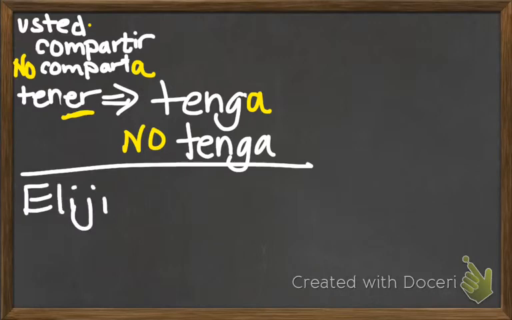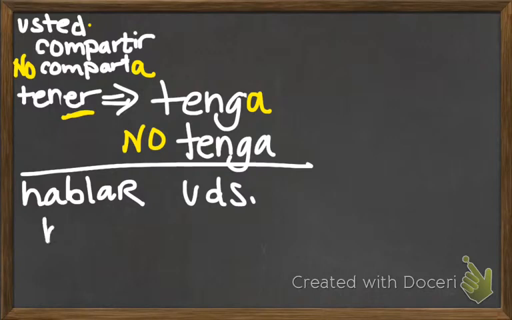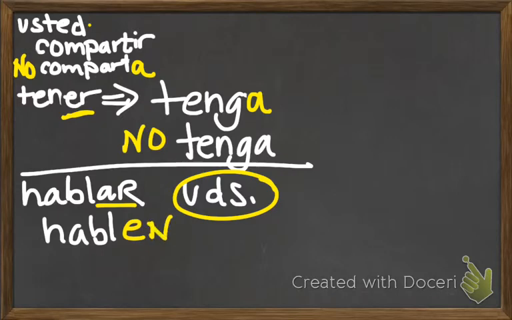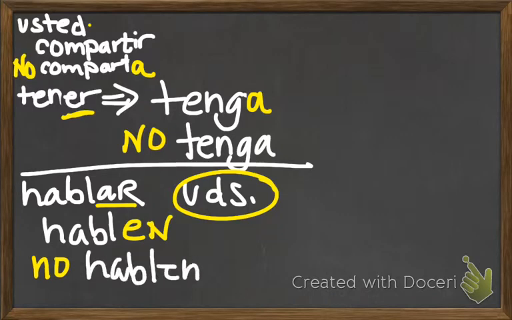Elegir. Actually, that verb's got too many irregulars. Let's skip that. We would have yo hablo menos la o. Okay? It's an AR verb, so I'm going to add e. And for ustedes, I'm going to add en. So hablen, talk. And then your negative would be no hablen.